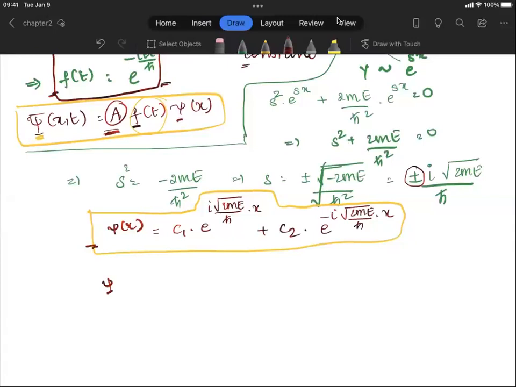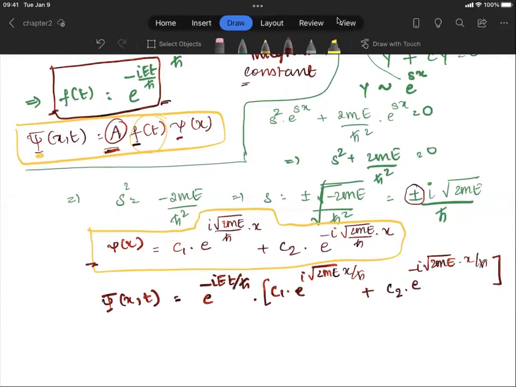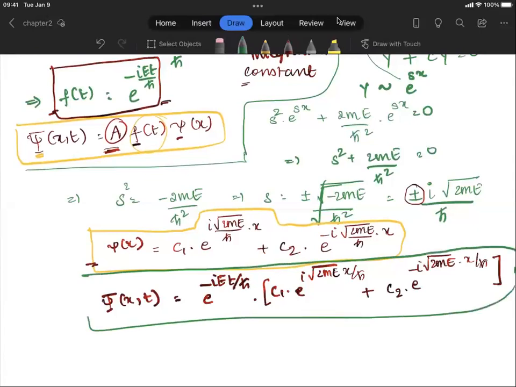So the total wave function, the time-dependent wave function, can be written as e to the power negative i E t over h bar times the time-independent wave function. So this would be the answer.